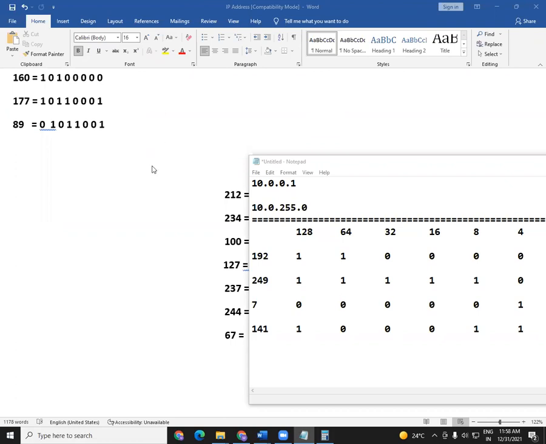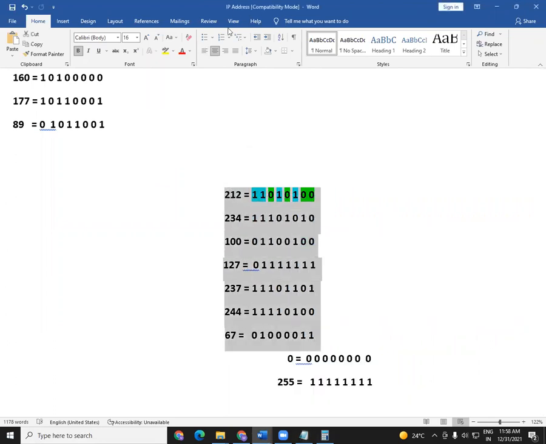Okay, so please cross check your answers here. If you convert these decimal numbers into binary, these are the binary values you will get.